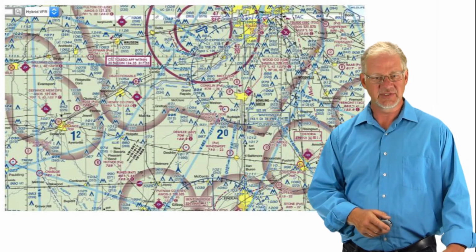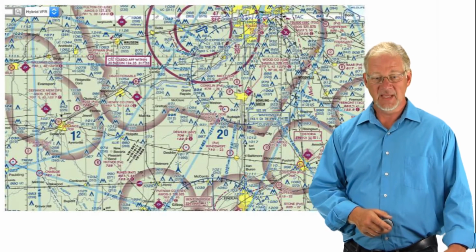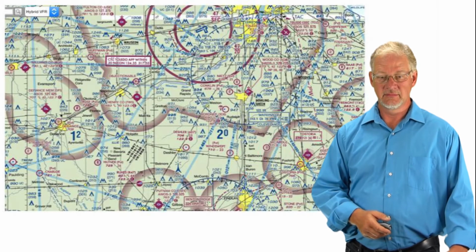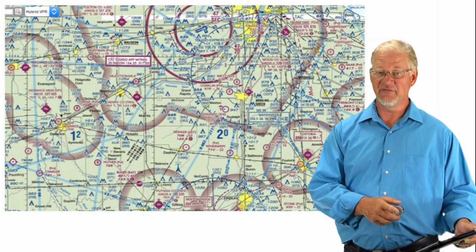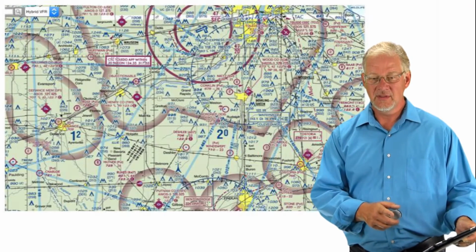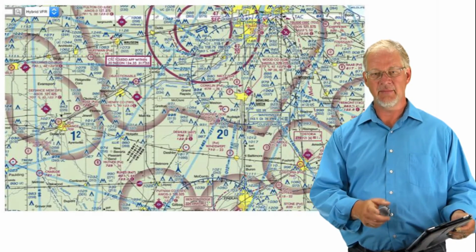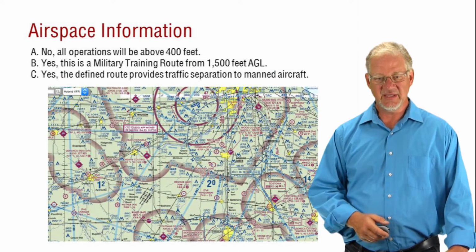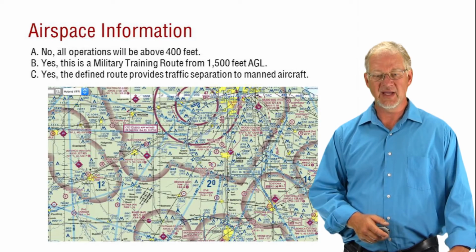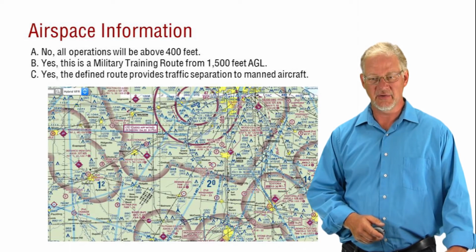We talked about this section. It's a military training route. Now, is it from 1,500 feet AGL, or can they separate from that manned aircraft? It would be C. The defined route provides traffic separation to manned aircraft.